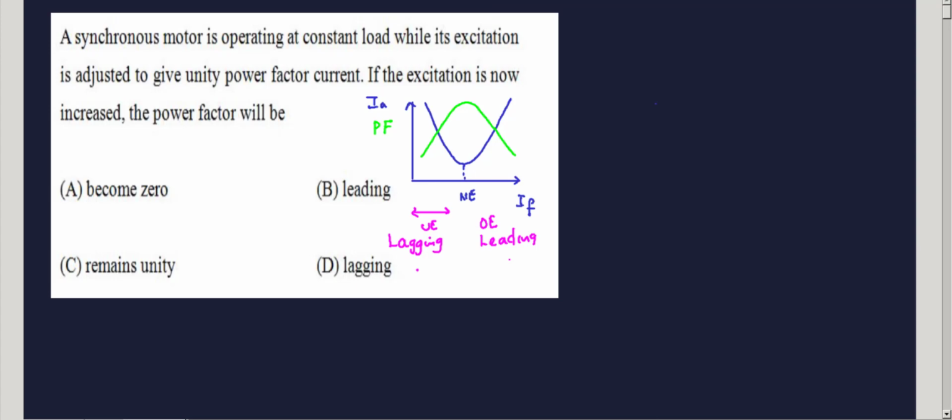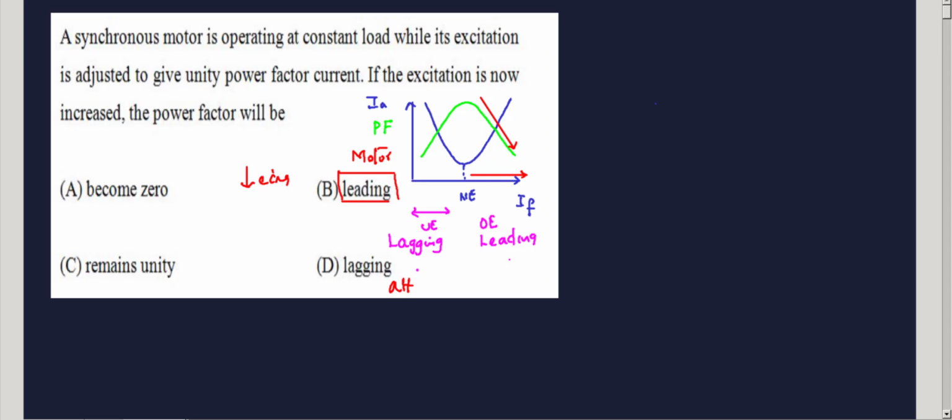So in the question, when excitation is adjusted to give a unity power factor and the excitation is now increased, what happens to power factor? Power factor is decreasing. It operates at leading power factor if it is a motor. If it is an alternator, it will be lagging.